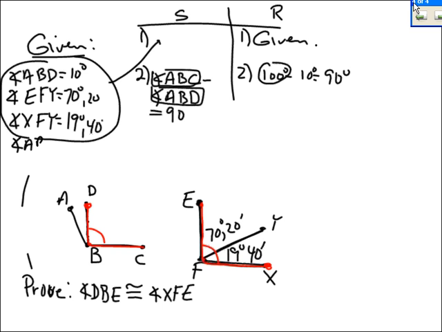Angle ABC was given to be 100 degrees. So that's part of the given. And ABD was 10 degrees. Number 3. Angle ABC minus angle ABD is equal to angle DBC.